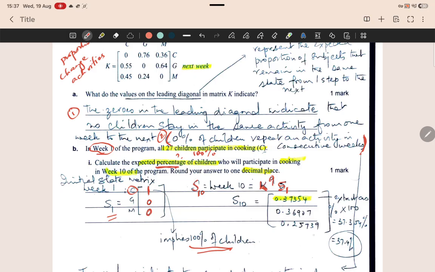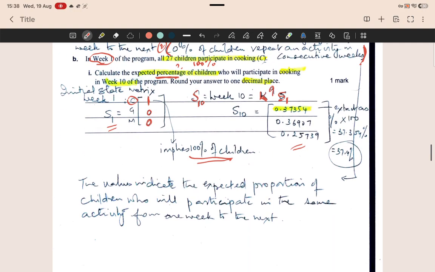And that, when we put into the calculator, gives these values. You have to write it exactly as you see it. And then you have to decide. The question asks only about those who will participate in cooking, and that will be this one, which has to be multiplied by 100, and it is 37.4%, to 1 decimal place.